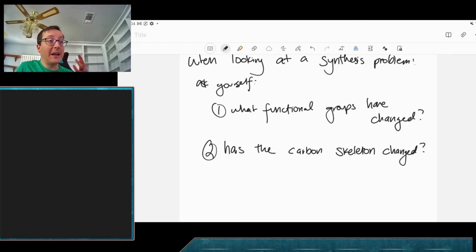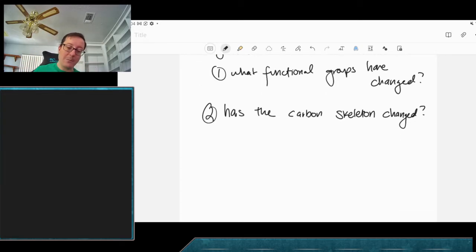We're looking at how the carbons have changed. So functional groups is the first question. And then we're looking at how has the carbon skeleton changed. And number two is going to be a little bit easier because we only have a few reactions that mess with your carbon skeleton.